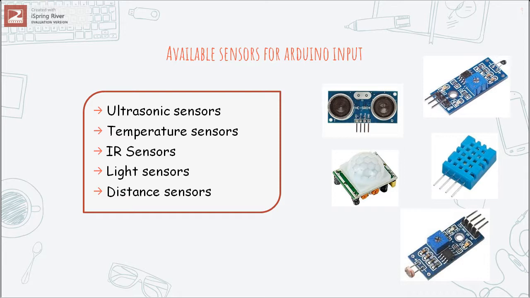Okay, let's look at the right side. There are several available sensors that can be connected with Arduino input. Actually, there are many more sensors available for Arduino input, but I just list a few sensors that can be connected with Arduino input in this slide.